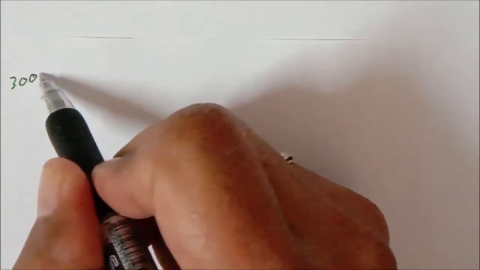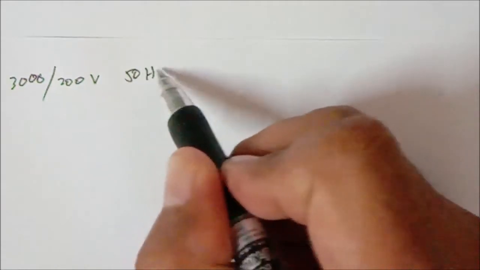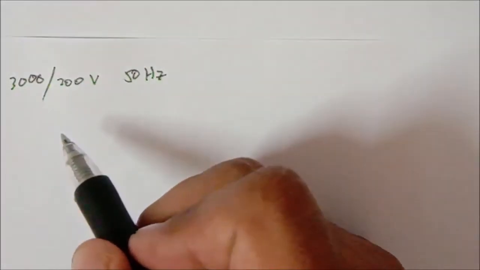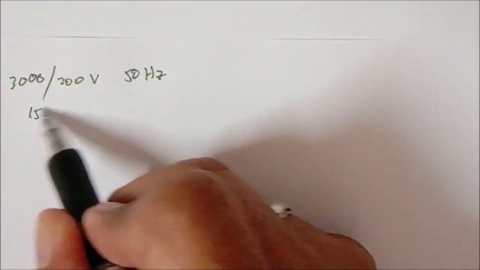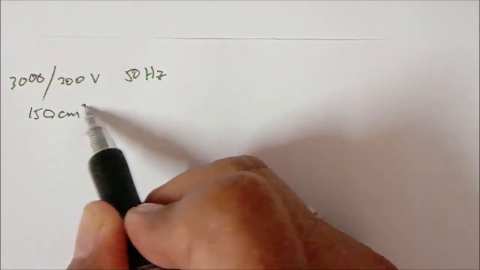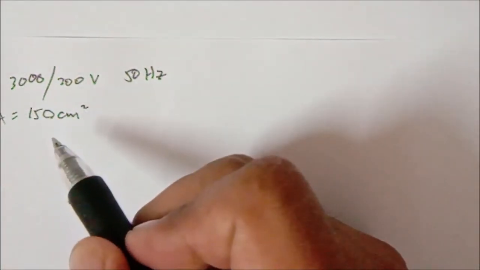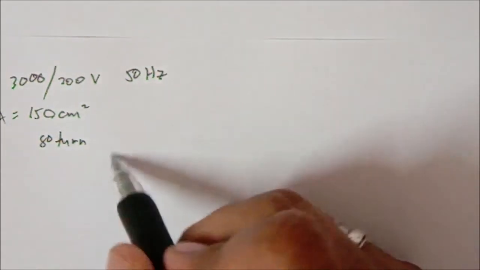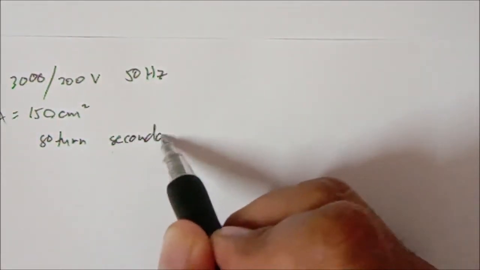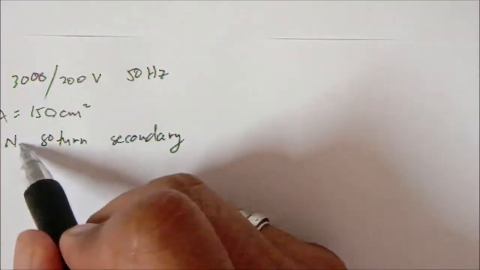Ang mga given po natin ay 3,000 to 200 volts, 50 Hertz. Tapos, ano pang given natin? 150 cm squared, so cross-sectional area ng ating core. Tapos, 80 turns in the secondary. So, ibig sabihin ito ay N2.